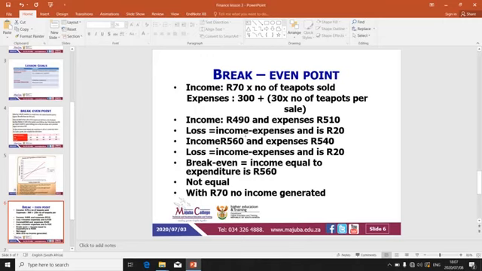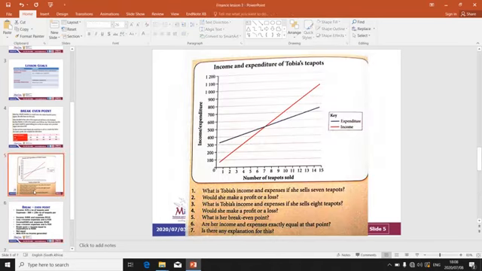So the income is 490 minus expense, which is 510. 490 minus 510 is 20 rand. It's a loss because the 20 rand is going to have a minus. Let's move to the next question.